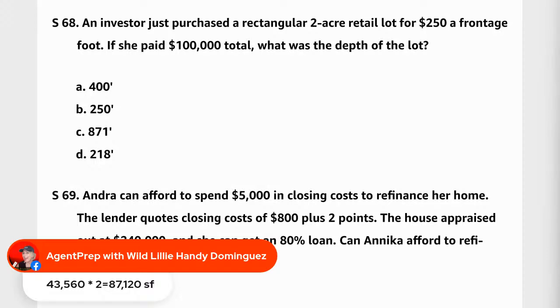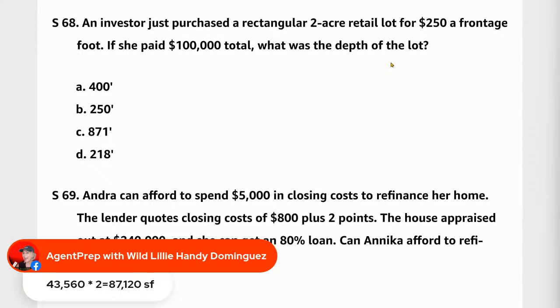Okay, but they don't say how they got the 400 feet. What the equation does is divide 100,000 by $250 of frontage. So the cost of the property is 100,000, and they divide it by 250, and they get 400 frontage feet.